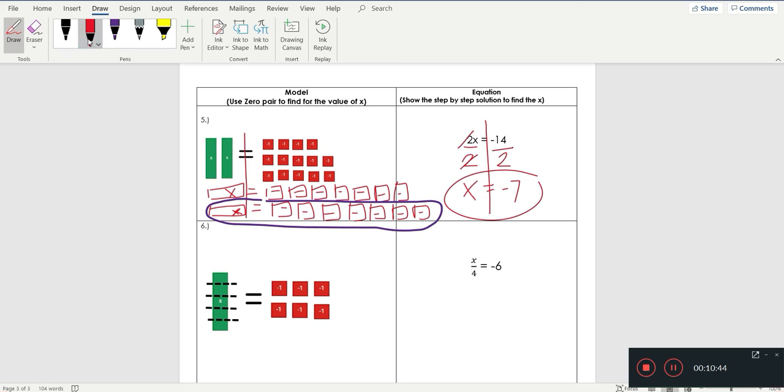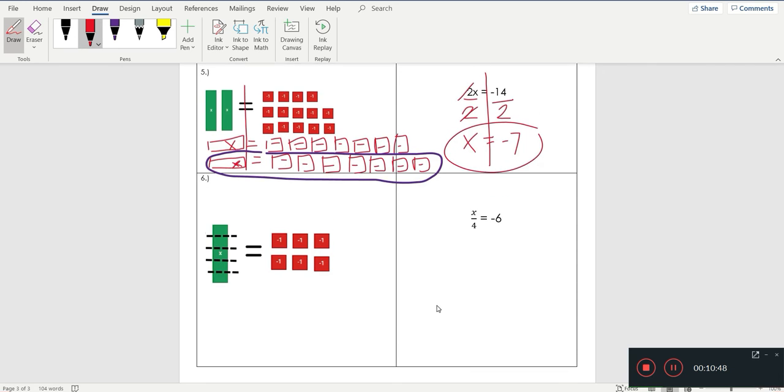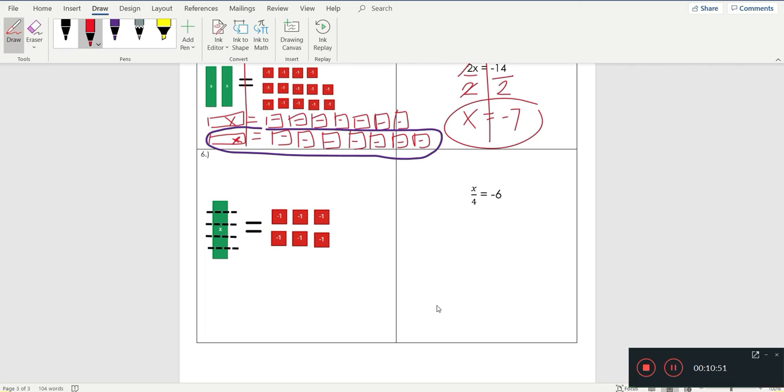Alright. We have here now x divided by 4 equals to negative 6. So it means we have 1/4. Okay, I have 1/4, 2, 3, 4. Let's represent the 1/4 x, right?